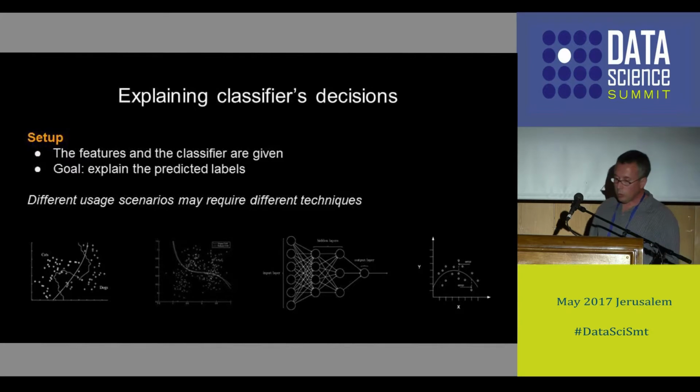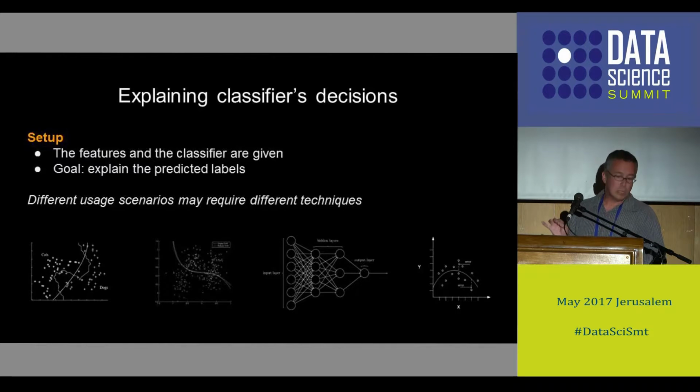Okay, now I would like to switch gears and speak about the classifier level. Our setup is going to be fairly standard in the emerging literature on explaining classifier decisions. We are going to assume that the features and the classifier are given, and our goal is going to be to explain the predicted labels.